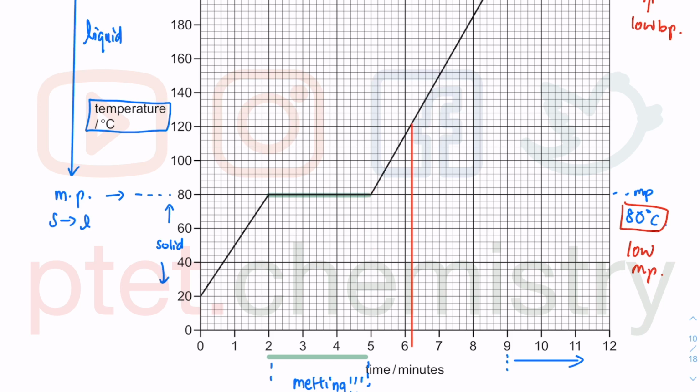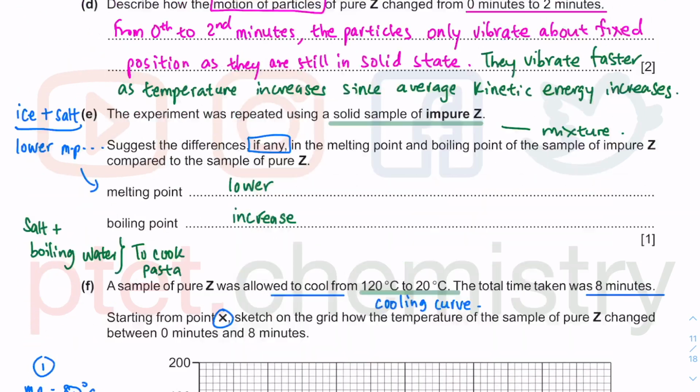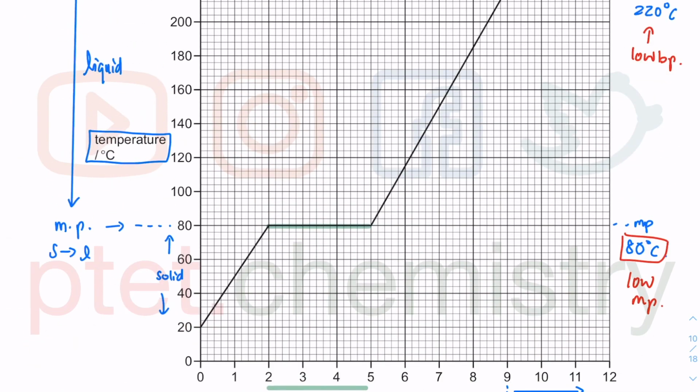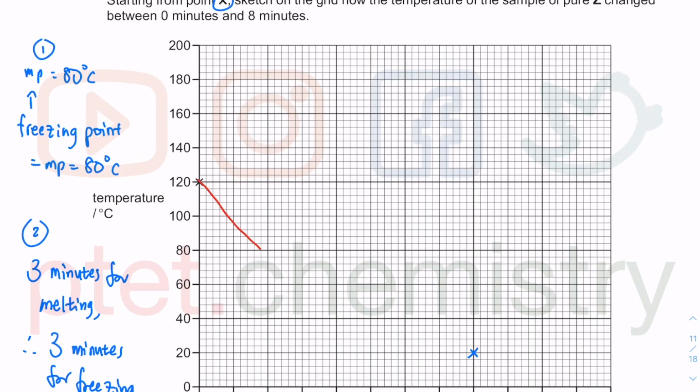So perhaps I should really follow the graph, give or take around 1 minute and around 1.2 minutes. If I really want to be super accurate, I should probably follow that. How much time did I say it had just now? From this 80 to 120, it was 1.2. So from 80 to 120 degrees Celsius from the previous graph was around 1.2 minutes.